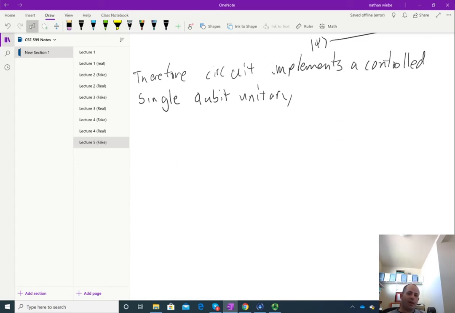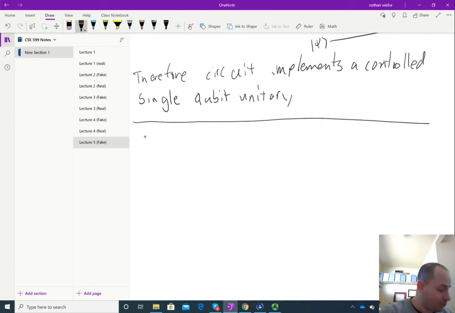And the final step is to combine these two ideas together in a way that will actually allow us to manipulate a matrix. Final step, universality.